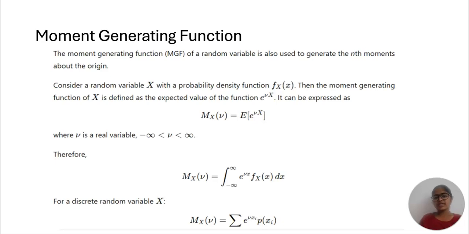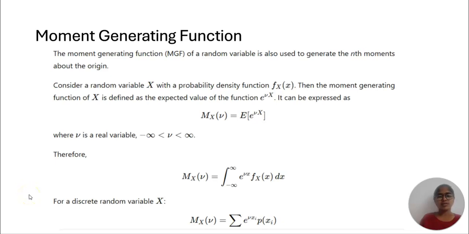It can be expressed as M x of v equal to E of e power v x, where v is the real variable with limits minus infinity less than v less than infinity. Therefore, M x of v equal to integral from minus infinity to infinity of e power v x f x of x dx.